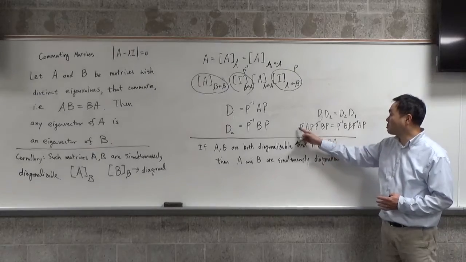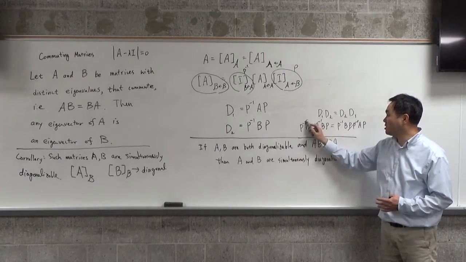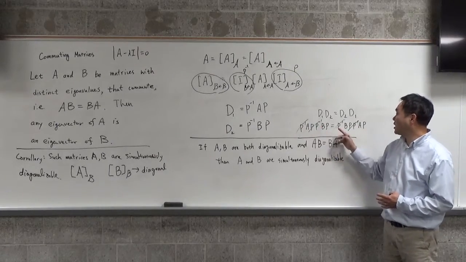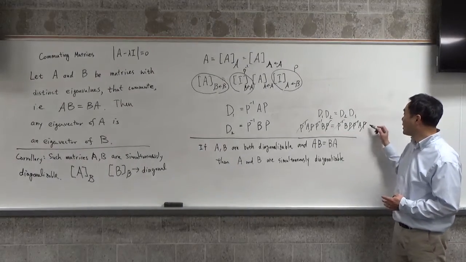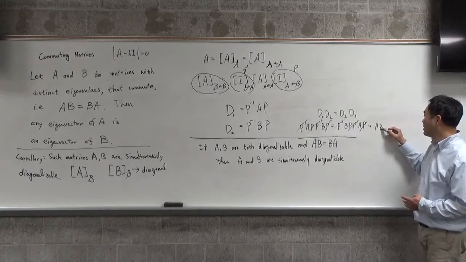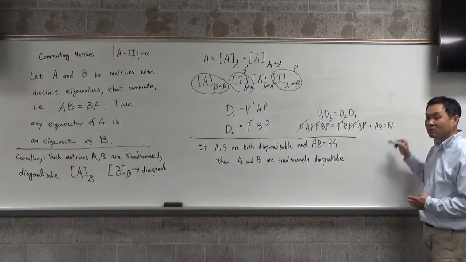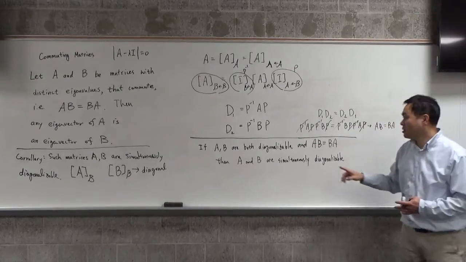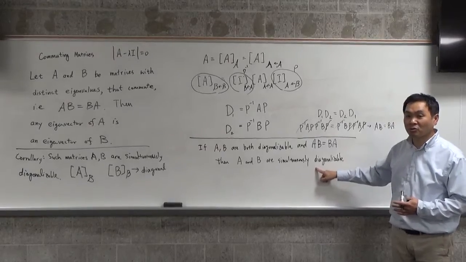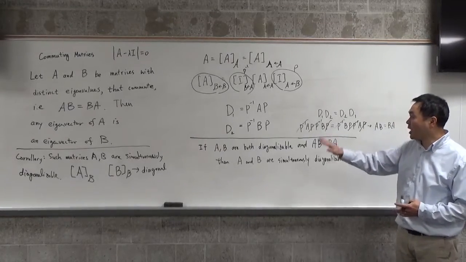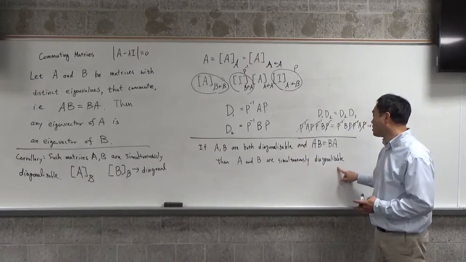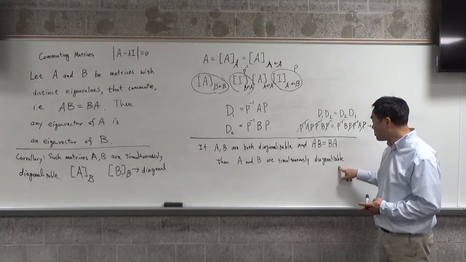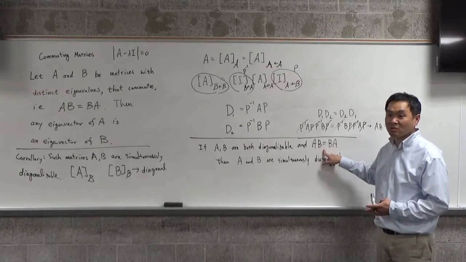And then I can multiply P on this side to cancel these two, and P inverse on this side to cancel those two. Then what you get is that AB has to be equal to BA. So the converse is also true. Okay? If A and B are both diagonalizable, and if they are simultaneously diagonalizable, then they must commute. That's another thing.